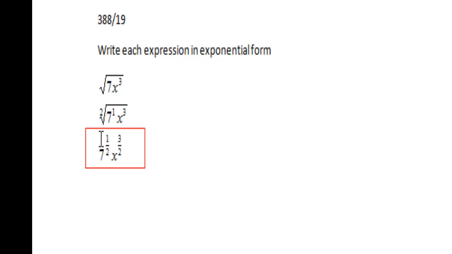Then you bring each factor out and give it its own exponent in fractional form. So that becomes the square root of 7 to the 1st times x to the 3rd. You now have a factor of 7 with an exponent of 1 divided by the index of 2. For x, you have x with an exponent of 3 divided by the index of 2. So it's 7 to the 1/2 times x to the 3/2.